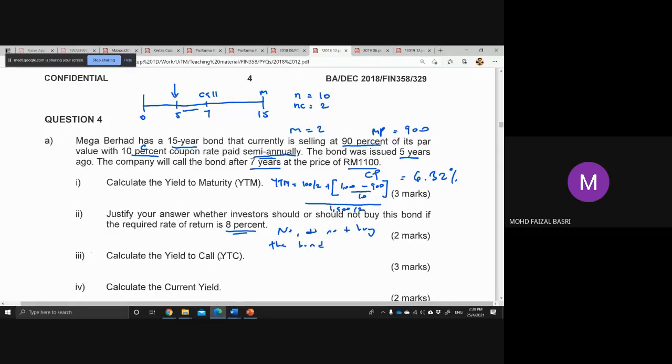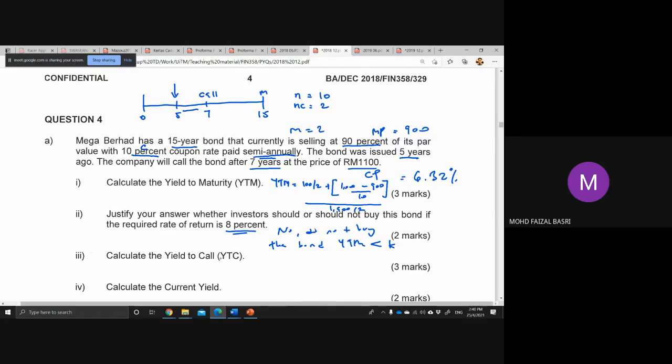Reason why? Because the YTM is less than your K. Your required rate of return is 8%. So your return that you get from investment in the bond will be lesser than your K. As simple as that.